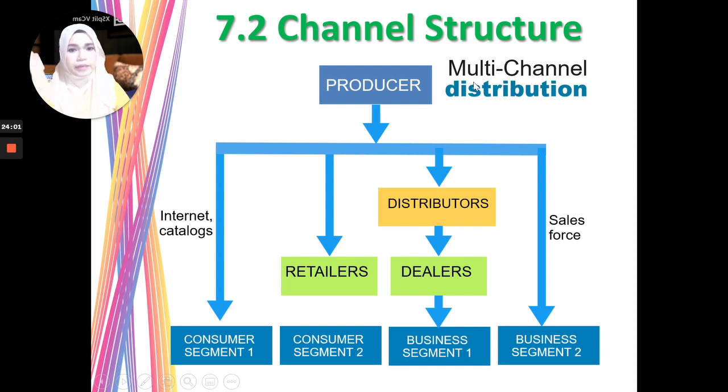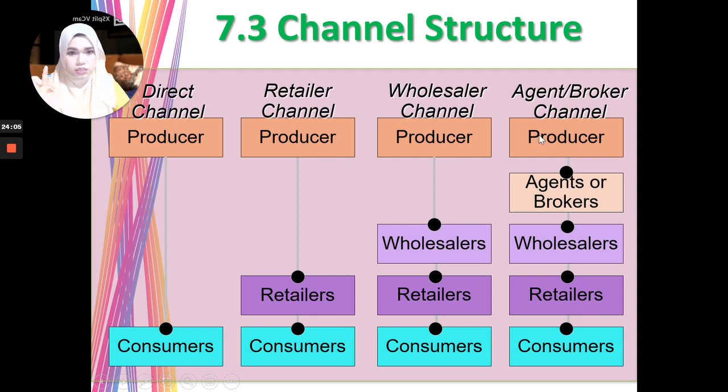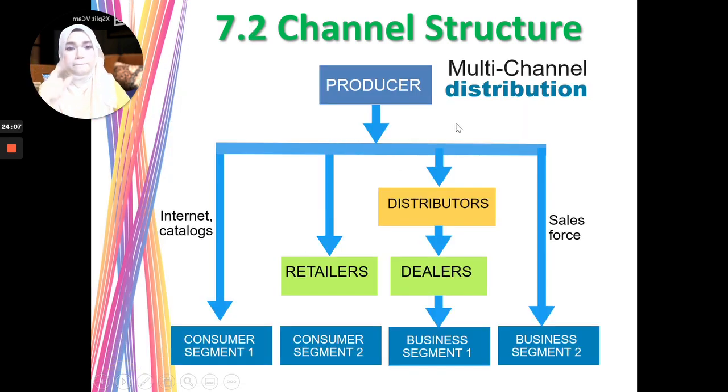Next, there is also what we call the multi-channel distribution. Okay, multi-channel. That means producers don't only choose either this or this, but they do multi-channel distribution, making use of all the channel members, and they also do direct channel, the producer directly to the consumer using the internet or their catalogs, or even on their social media.